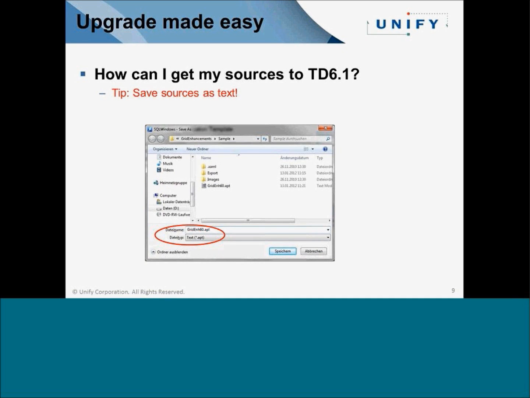The good point is to save all your sources as text. That means if you have your sources, APLs, APDs, and APPs, in a text format, like APT, then it makes it pretty simple if something happens in your sources.